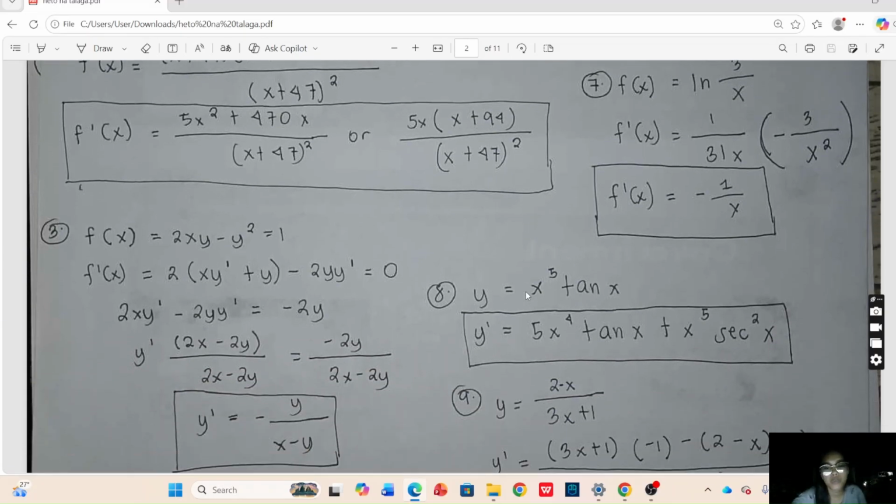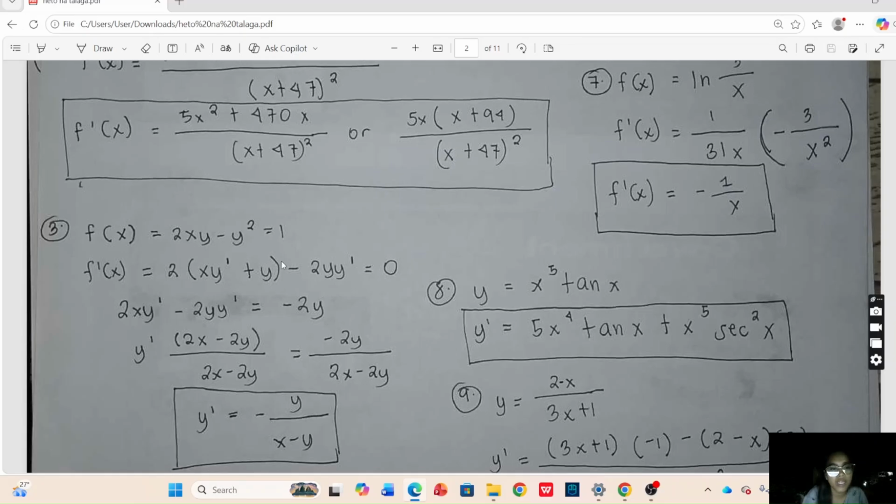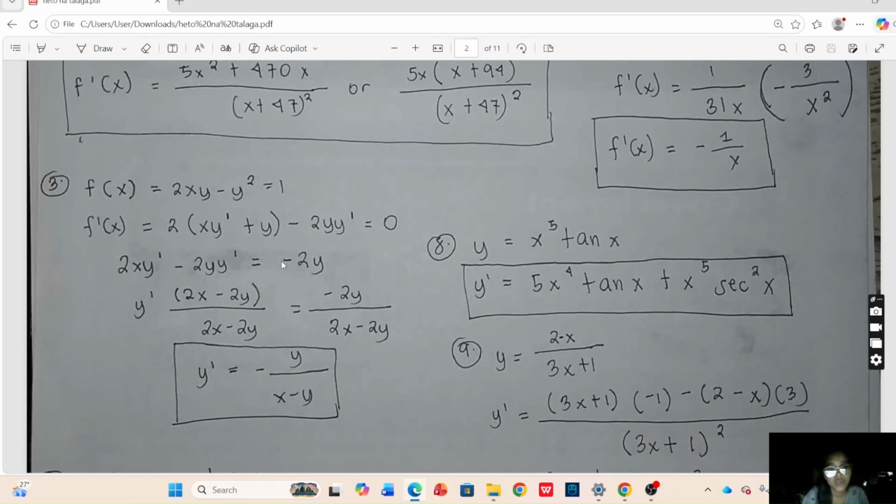Next we have the third problem, which is 2xy minus y squared equals 1. Since both x and y are present in the equation, we use implicit differentiation. Differentiate every term with respect to x.